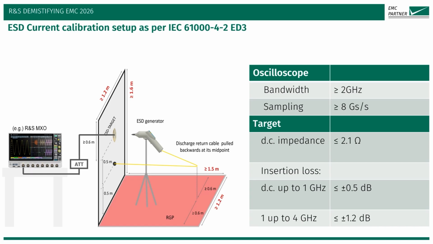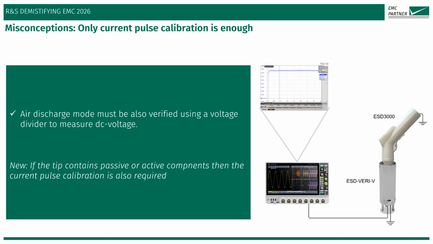Let's talk now about the misconceptions regarding ESD verification. Not only contact discharge must be calibrated, but also air discharge output must be considered. According to the latest edition 3, if the air discharge tip consists of passive or active components, an additional calibration between 2 up to 15 kilovolts using the ESD target is also necessary.